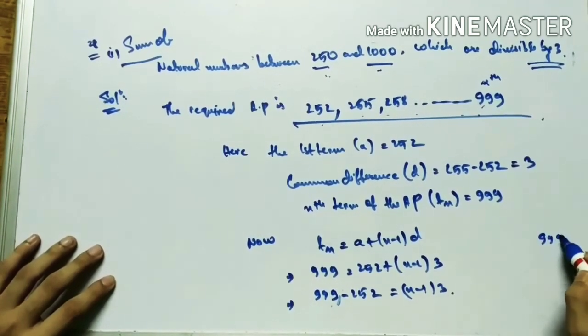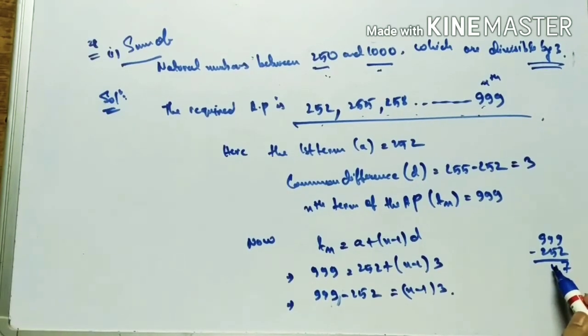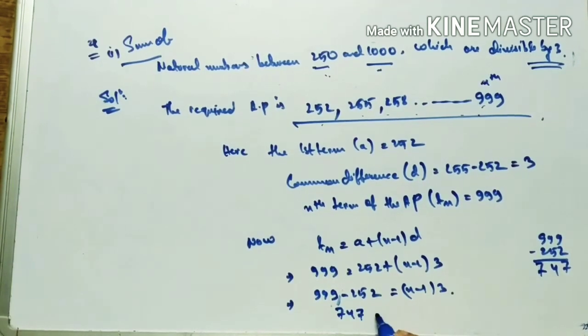So 999 minus 252 is 747, so 747 equals n minus 1 into 3.